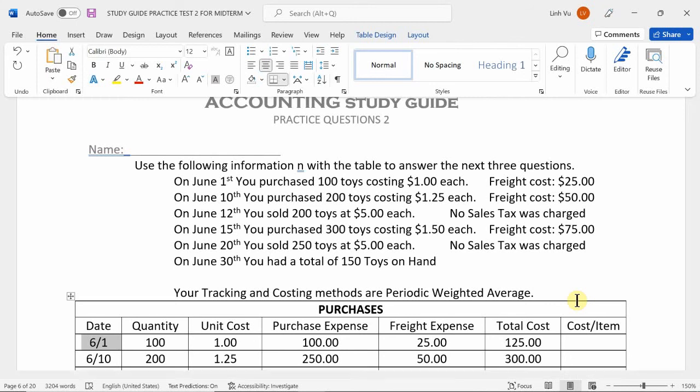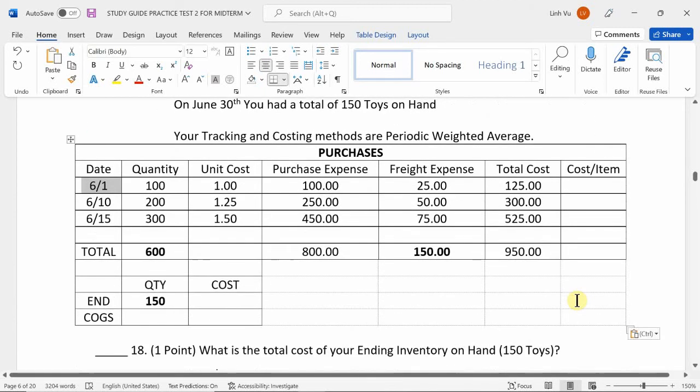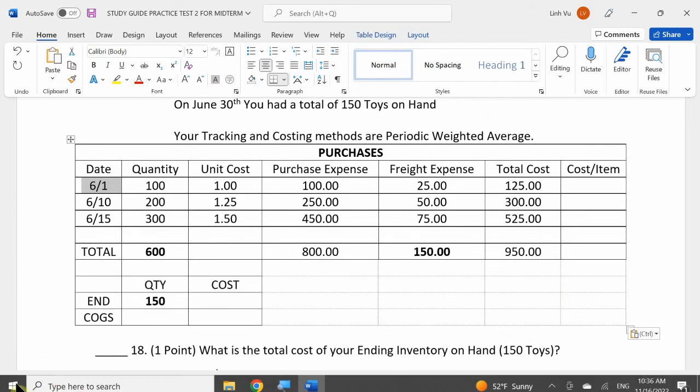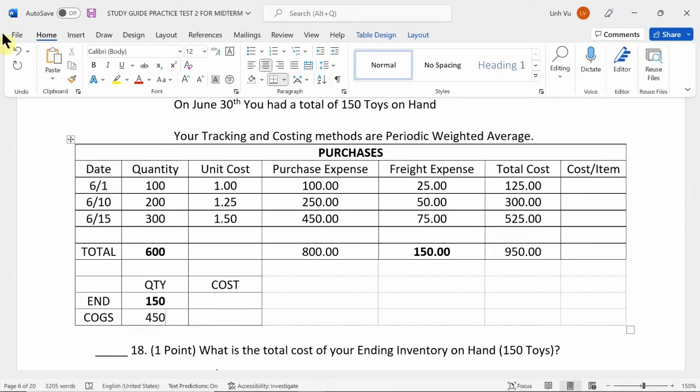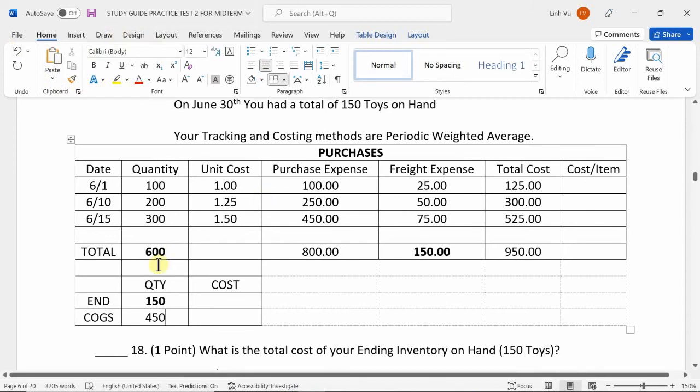However, it says here that you're going to be answering 3 questions this time. And you had a total of 450 units here that you sold. So in this case, we have a total of 600 units at a total cost of $950.